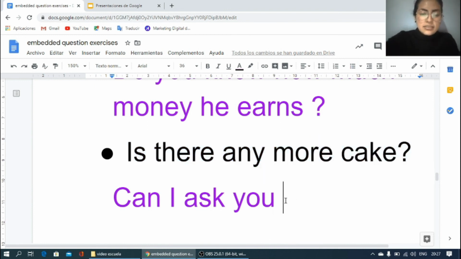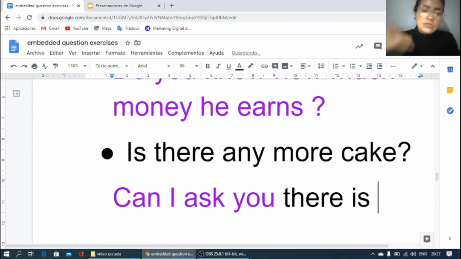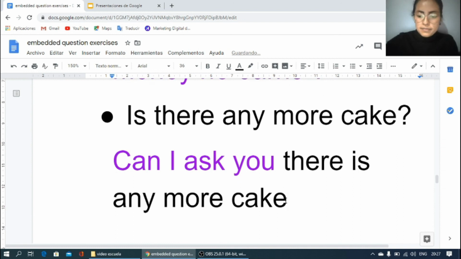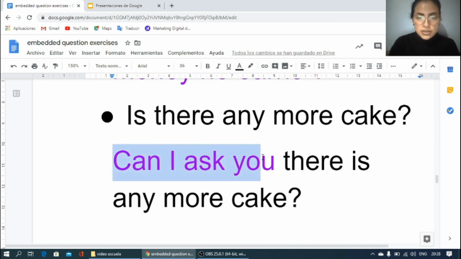In this case, there is, and you have to write the same. Any more cake? And the question mark. And that is all. Because in this case, you have to put the question mark because we are using the introduction question.